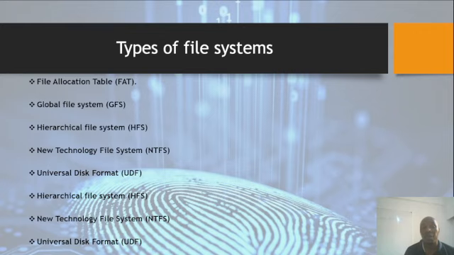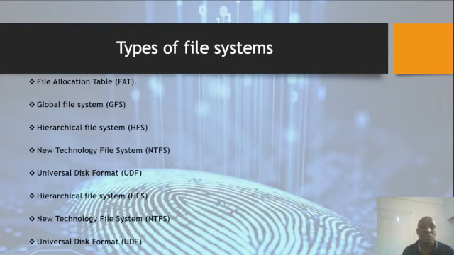That was an updated version of GFS, and both the GFS and GFS2 file systems can be downloaded for free under the GNU General Public License. So Linux uses the Global File System. It has been there for some time, and it has helped in managing the file system in the Linux operating system.